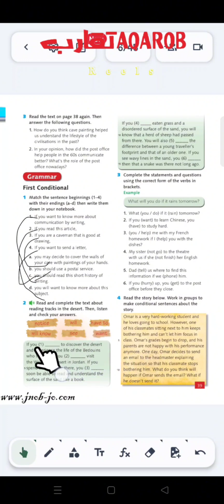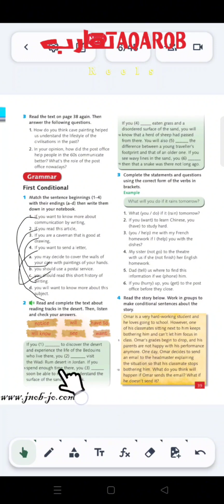If you want to discover the desert and experience the life of the Bedouins who live there, you, so number 2, have to. You have to visit the Wadi Rum desert in Jordan. So number 1 is want, and number 2, have to.